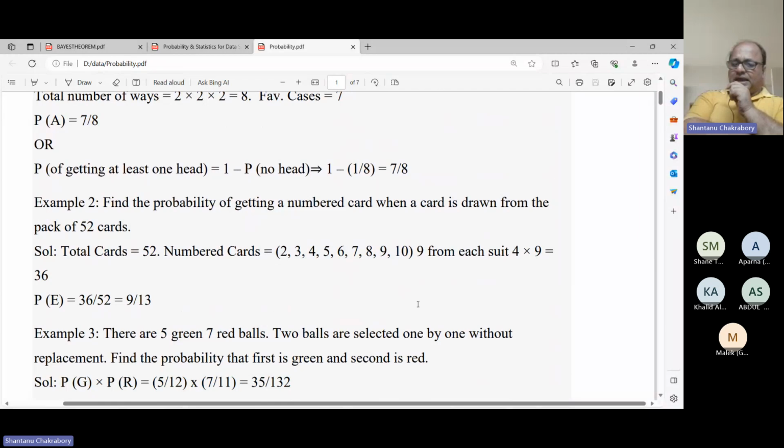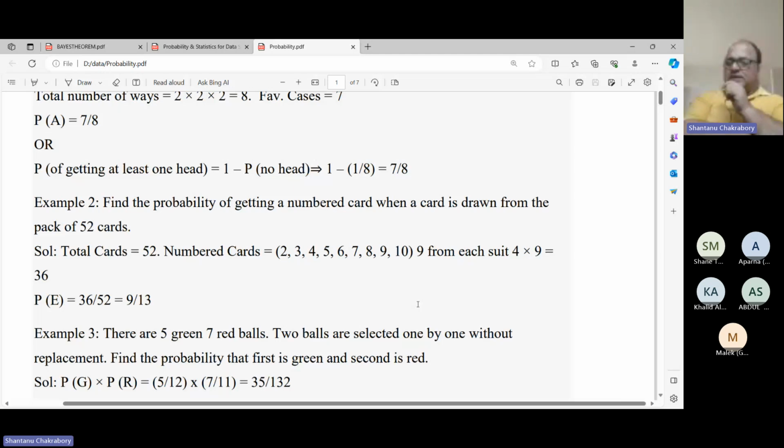Out of 12, we are selecting the first ball. What is the probability that the first ball is green? How many green balls? 5. So 5 by 12. Now, since we have selected one green ball, the number of balls remaining is 11. From 11, how many red balls? 7 red balls. So 7 by 11 is the probability of selecting the red ball. 5 by 12 is the probability of selecting a green ball.